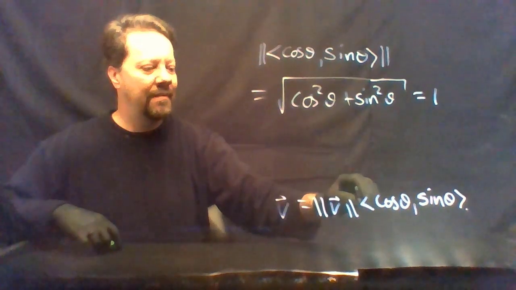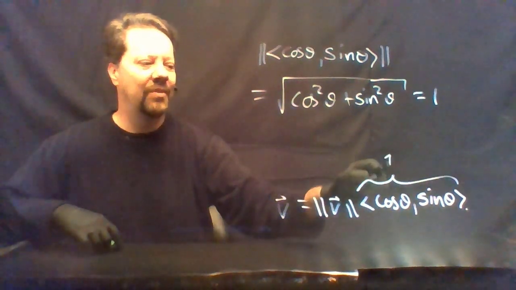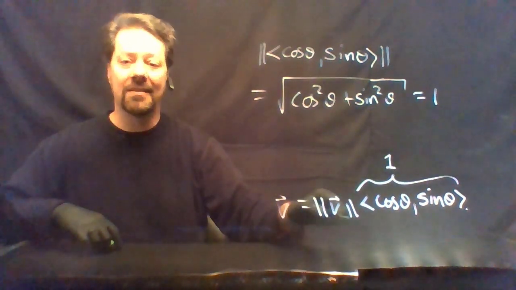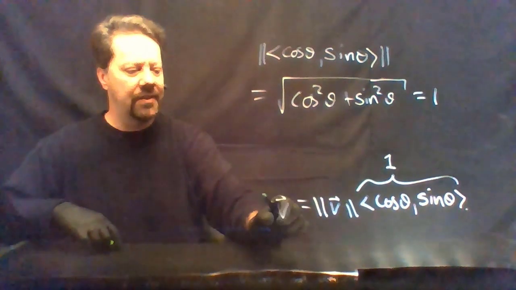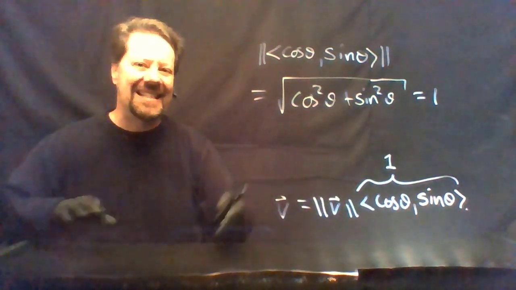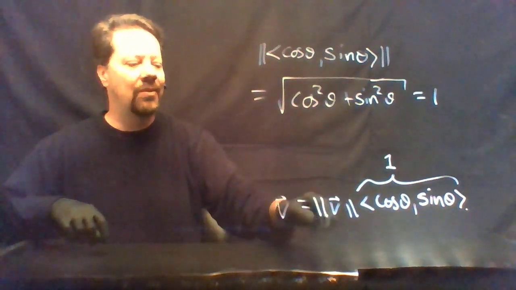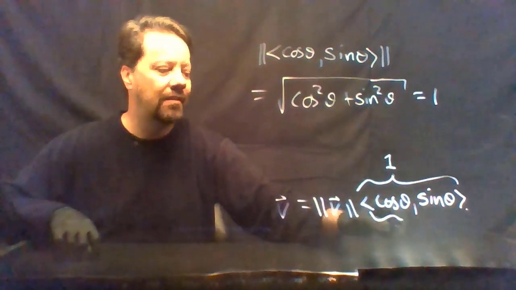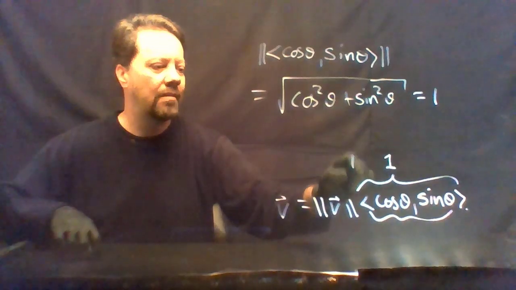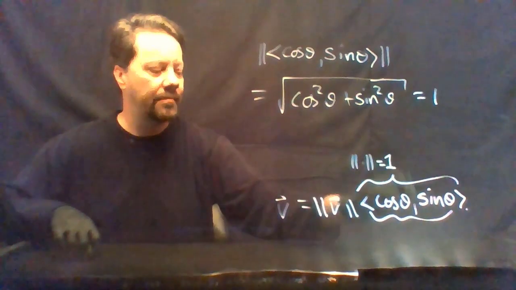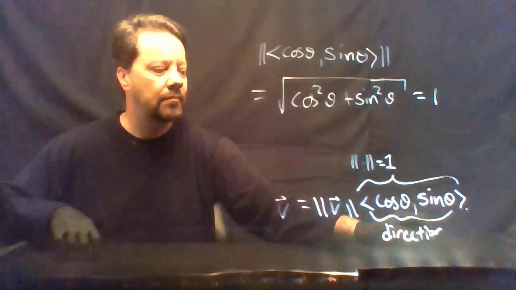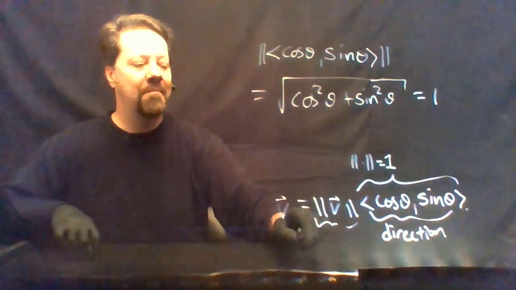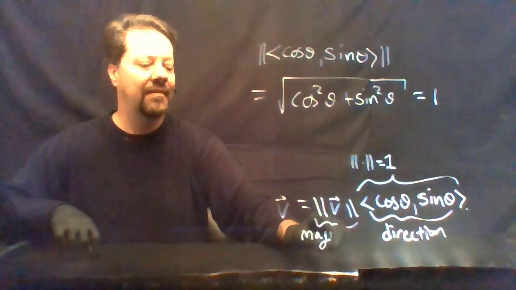So this part has magnitude 1. This part is the length of the vector, the norm. This way of expressing a vector decomposes it into a direction and a magnitude.